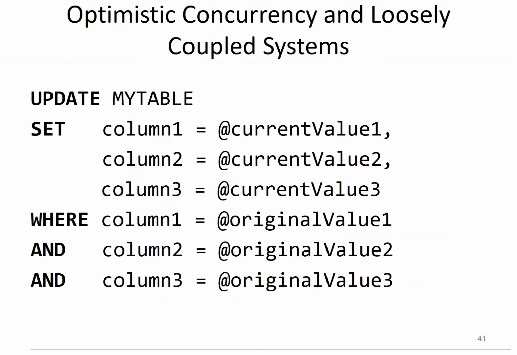The latter approach is illustrated here. Suppose an ADO.NET dataset was generated based on the rows in a database table, myTable, consisting of the columns column1, column2, and column3. An update to the database table will only be accepted if the column1, column2, and column3 values in the database are equal to the add_original values in the dataset.